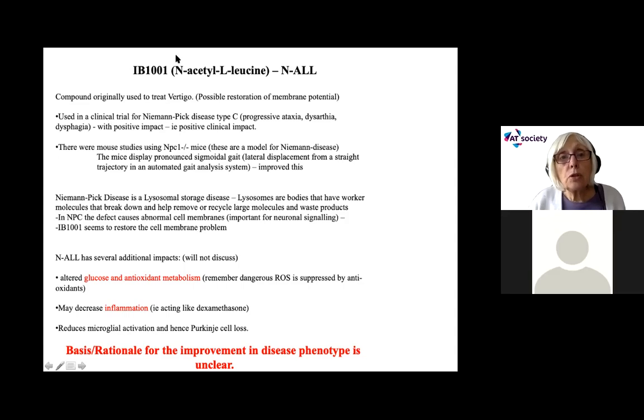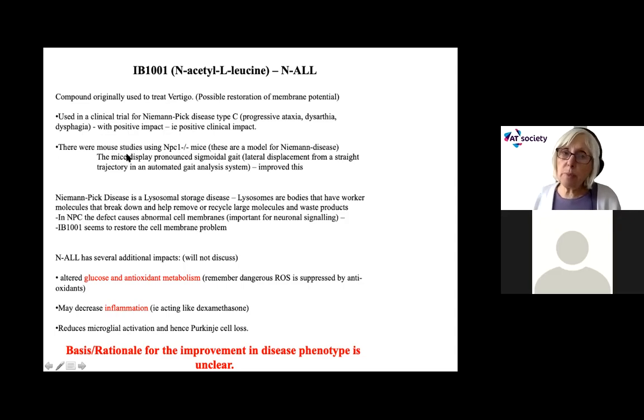So this drug has been used in a clinical trial for 2 disorders, but I'm just going to talk about this one called Niemann-Pick syndrome or disease, where the individual displayed progressive ataxia, dysarthria, dysphagia, and it had a positive impact in that clinical trial.